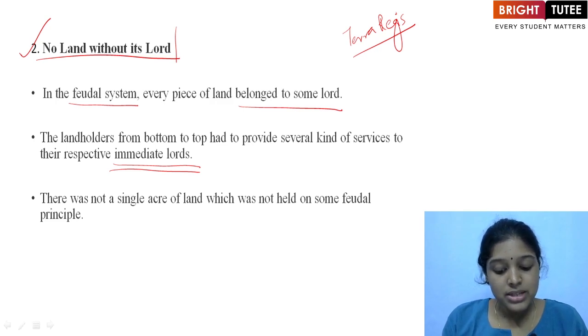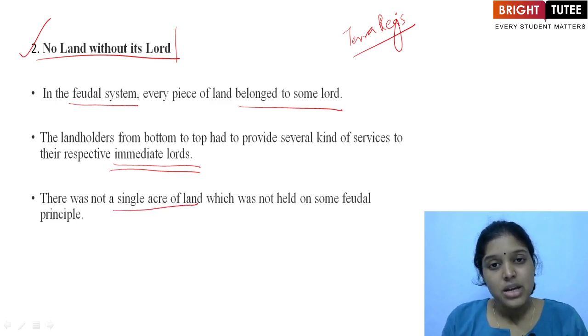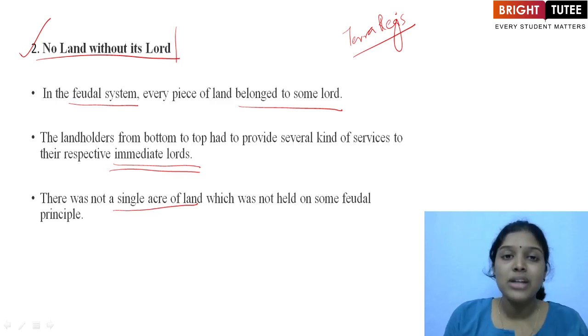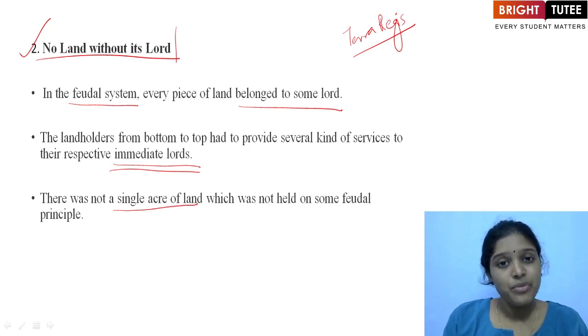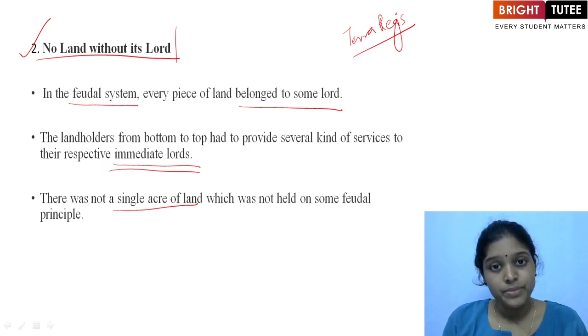And there was not a single acre of land which was not held on some feudal principle. So that's why no land without the lord. Every piece of land was held by somebody, by a lord.